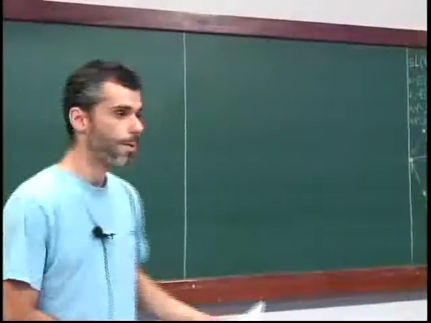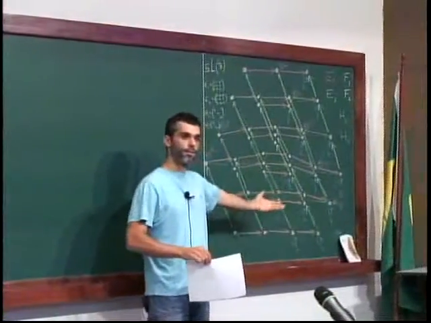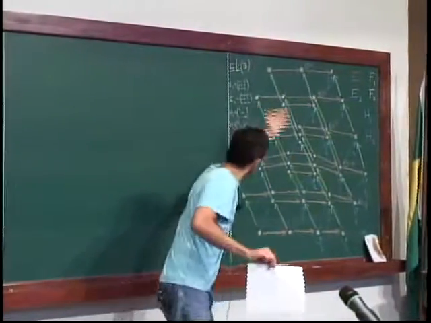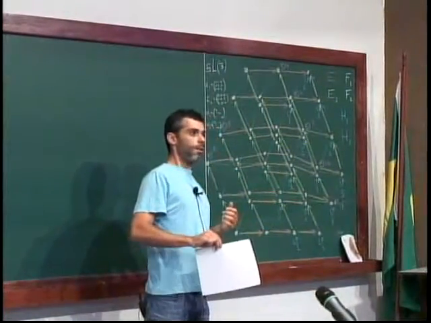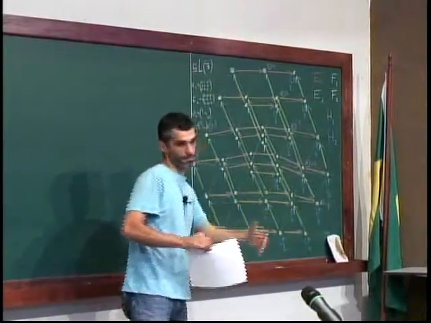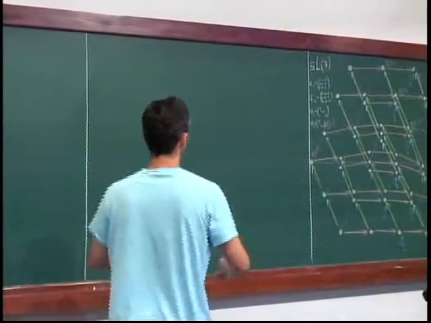Well, the Lie algebra SL3 certainly acts on itself. There's this adjoint representation, so I can use the same kind of pictorial notation to say what SL3 is. And so let me draw SL3.